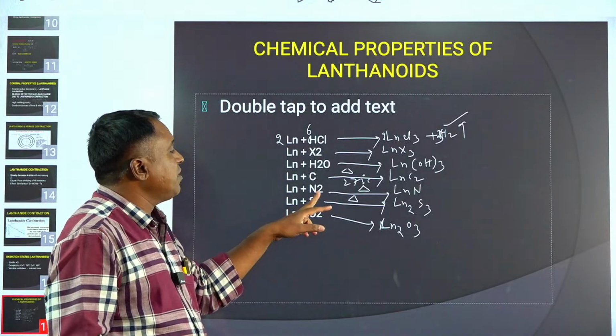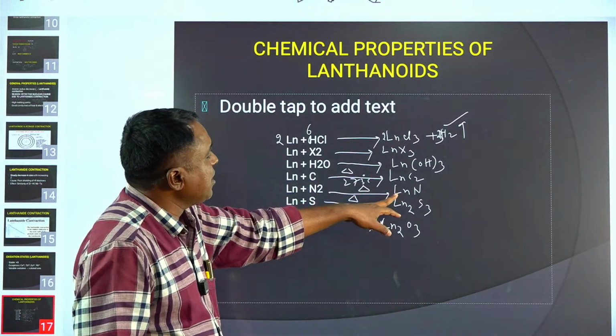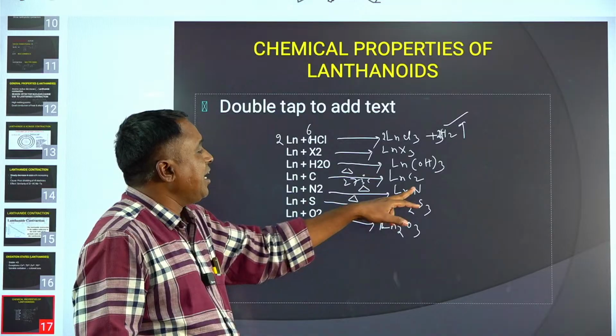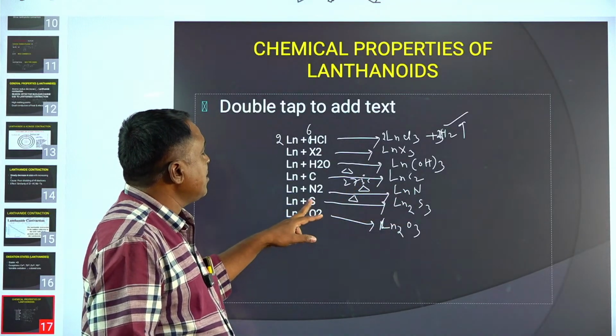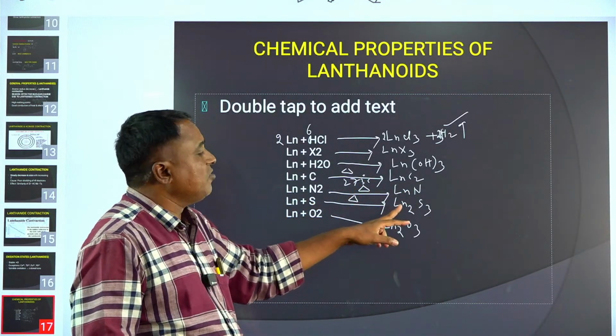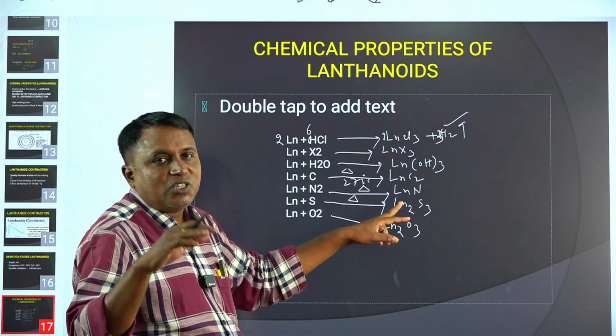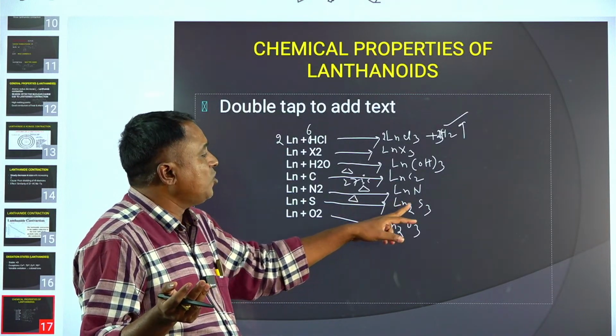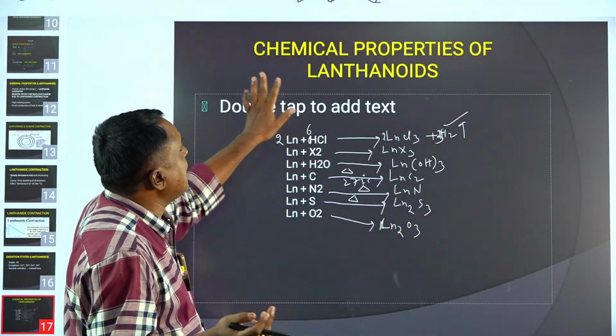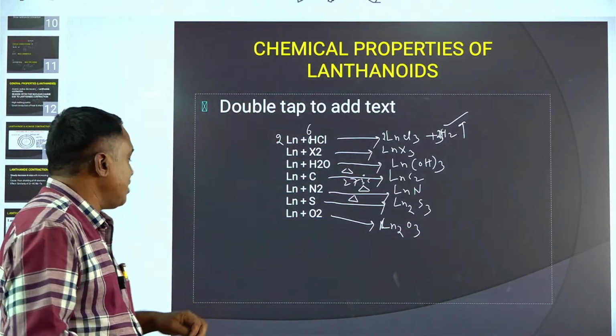Lanthanum upon treatment with nitrogen, you will get the AlN type, LnN. Lanthanides when treated with sulfur, you will get Al2S3 type, Ln2S3, Ln2O3. So these are the chemical properties of the lanthanides.